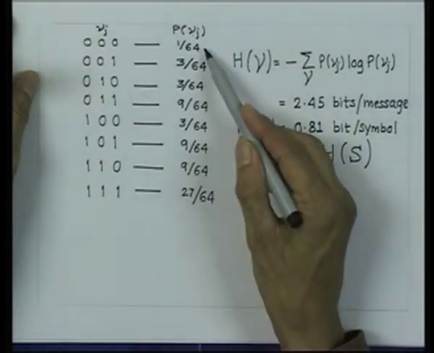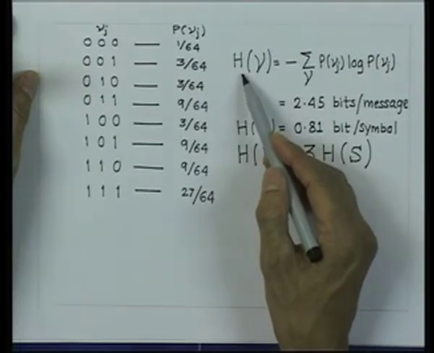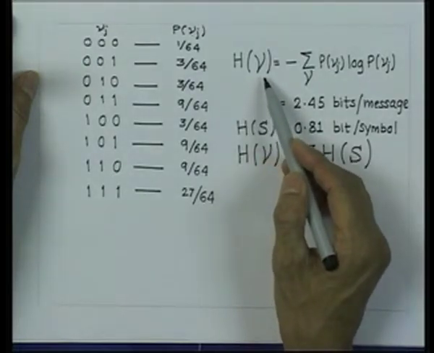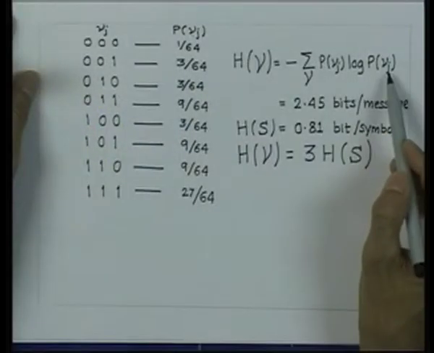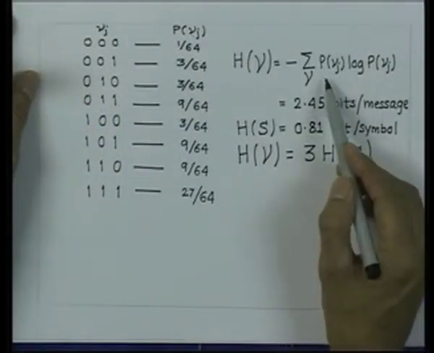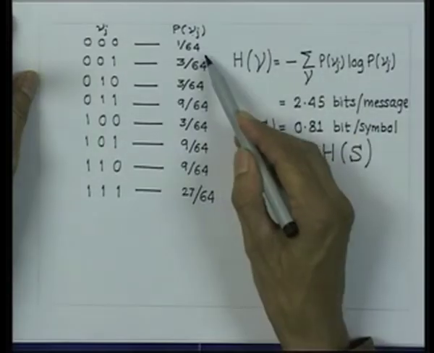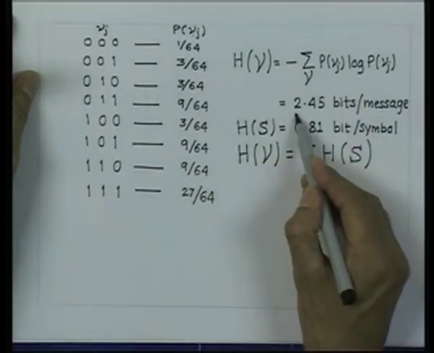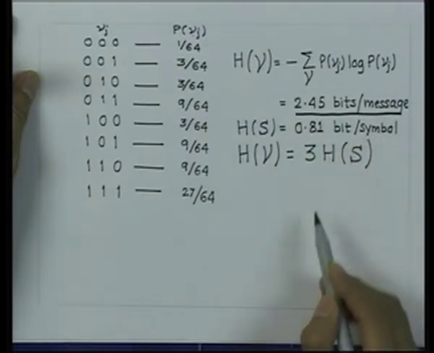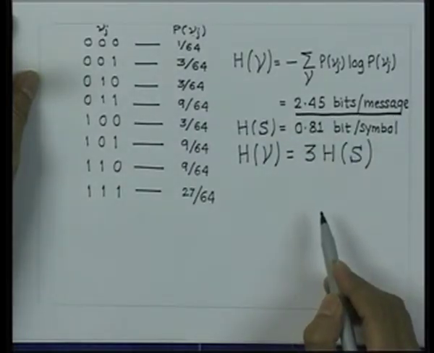Now, going by the definition of entropy, the average information which I get from this source per message is given by this simple formula which we had seen earlier too. If you plug in these values into this formula, the value I get is 2.45 bits per message.